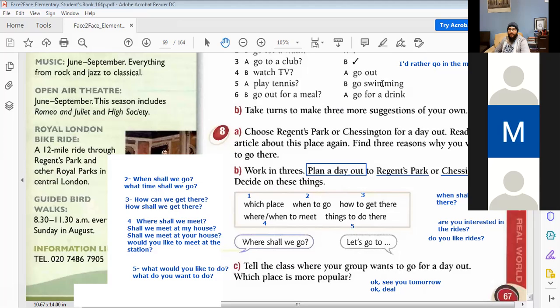Where shall we meet? Meet in the cafe. I think in the station, maybe a good idea in the station.